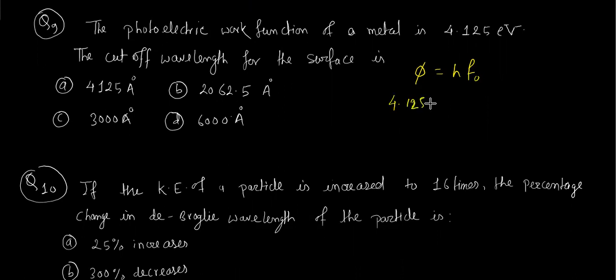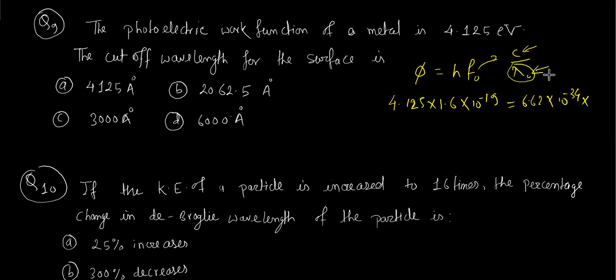Its value is 4.125 electron volt, and it can be converted into joule by multiplying it by 1.6 into 10 to the power minus 19. The value of h we know is 6.62 into 10 to the power minus 34, and this frequency can be written as the ratio of c, velocity of light, and wavelength, and this one is known as the cutoff wavelength.